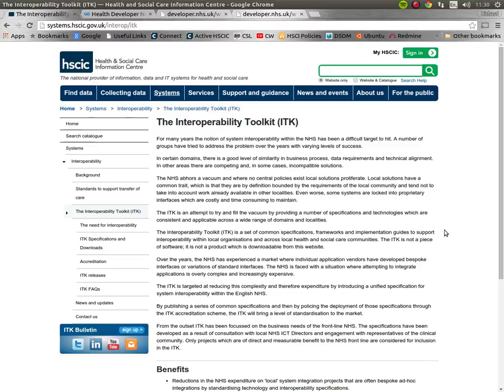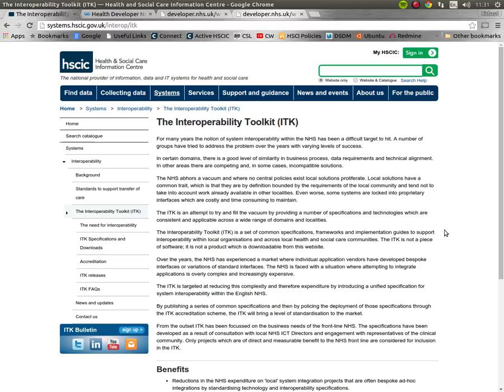Its sole focus is around interoperability, and it's basically a set of specifications and supporting functions, including the support required for development and also the support required for accreditation, and also advice in terms of deployment. And it's a function that's offered by the HSCIC, the Health and Social Care Information Centre.